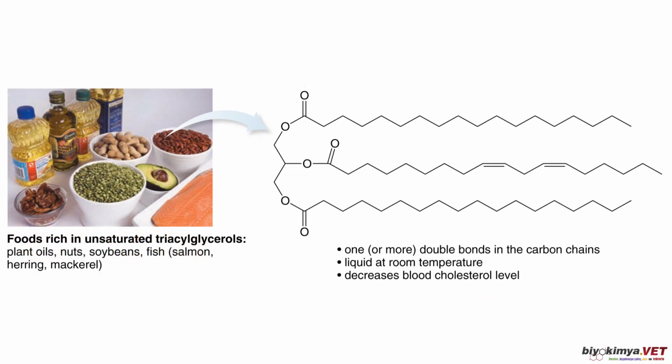And another type of triglyceride, as you see here, one of the fatty acids in the structure is unsaturated, even polyunsaturated fatty acid. As you see, there are two double bonds in the cis formation.